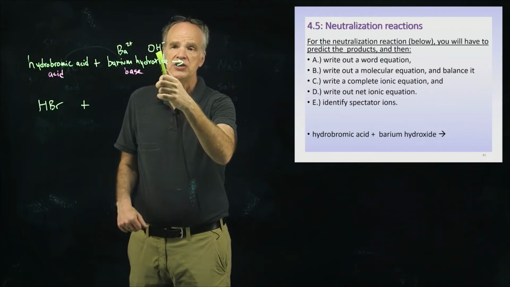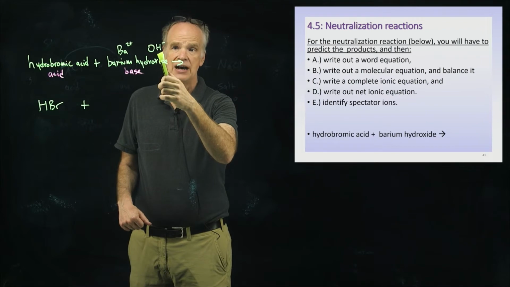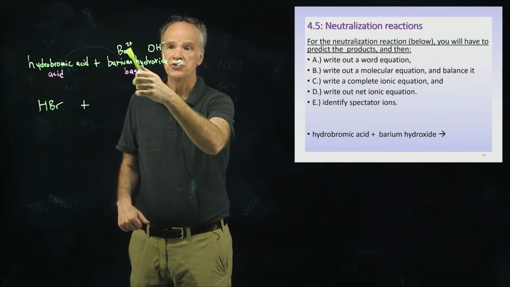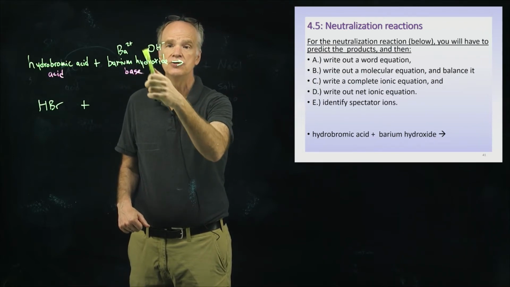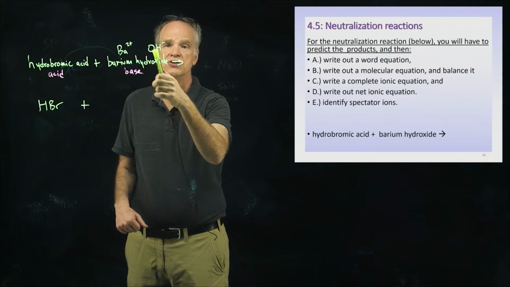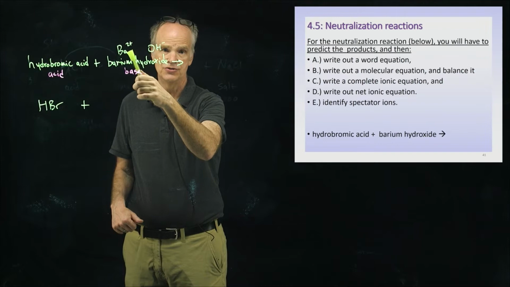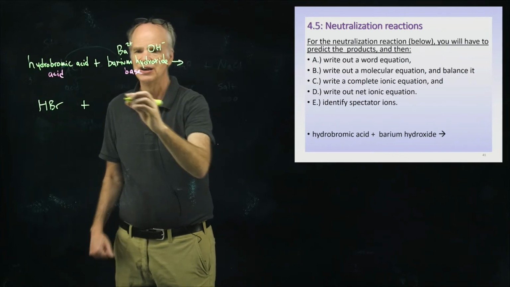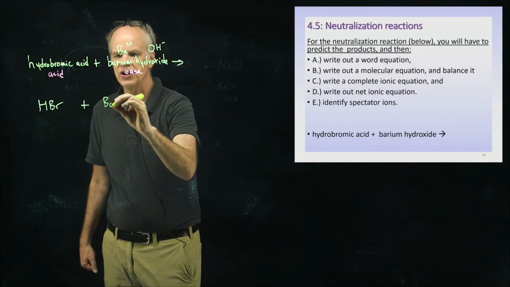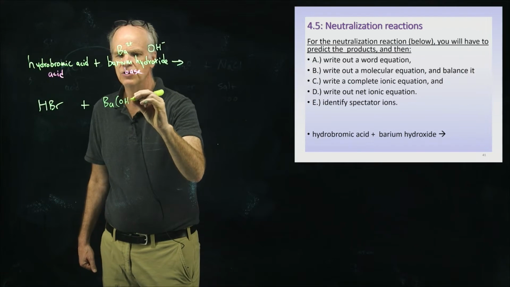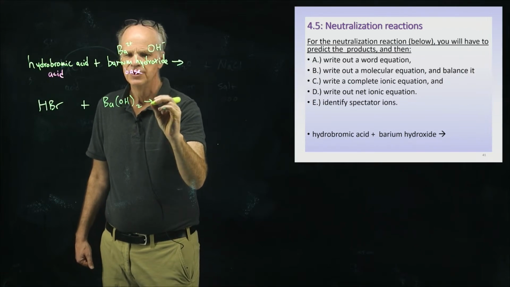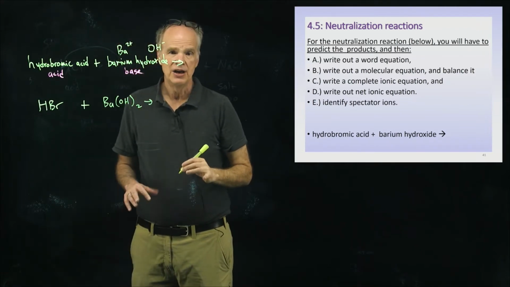To neutralize the 2+ on the barium, you're going to need 2 negative hydroxides. So the formula for barium hydroxide is Ba(OH)2.